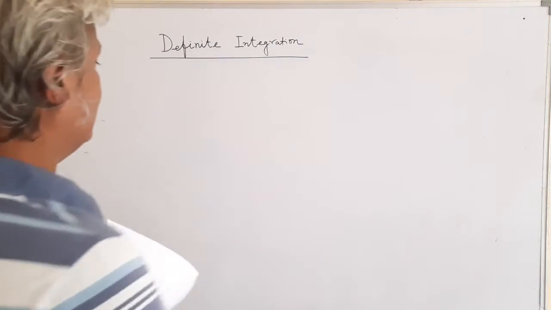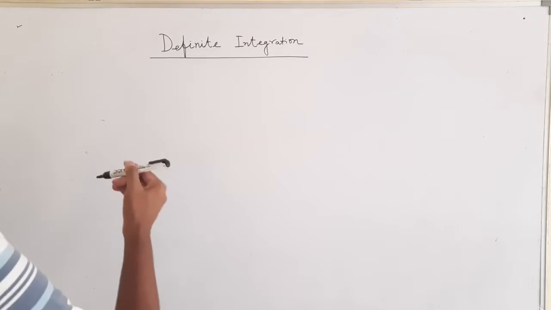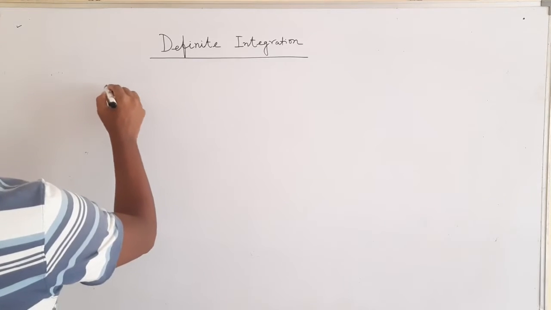Now without wasting time in the history of integrations and this whole thing, we'll just go through to understand what actually a definite integral is. So a definite integral goes like this.